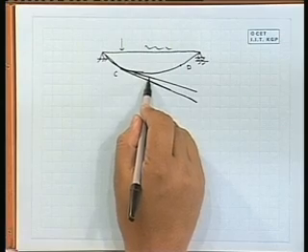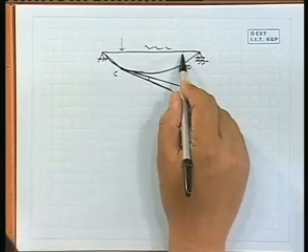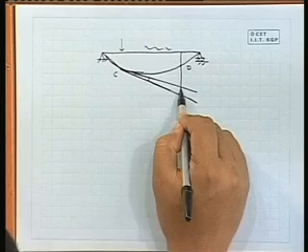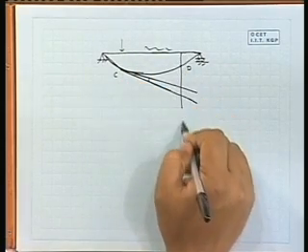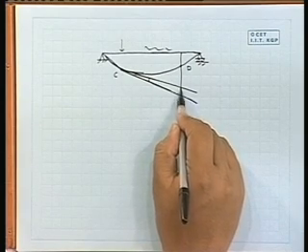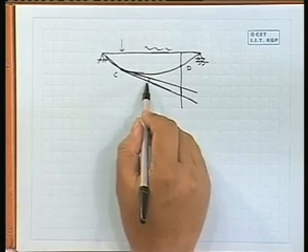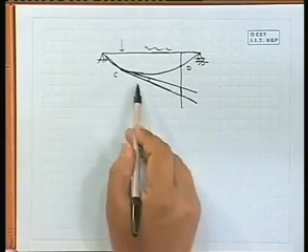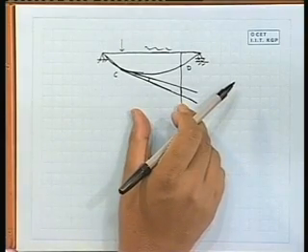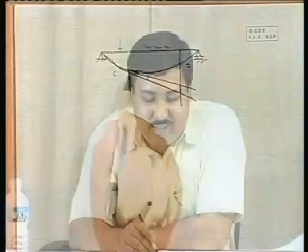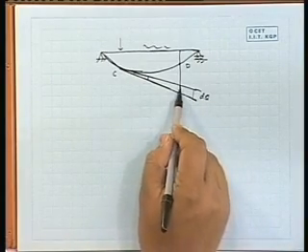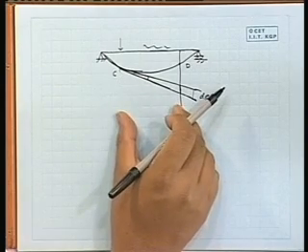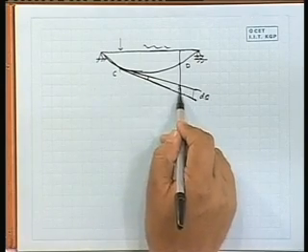Now this angle is d theta. If I draw a line perpendicular from D to the initial line, this value will be d theta into this distance. Say this angle is your d theta, and if you multiply d theta by the distance from here to here, you will get this small distance.